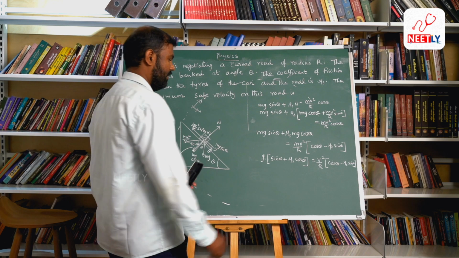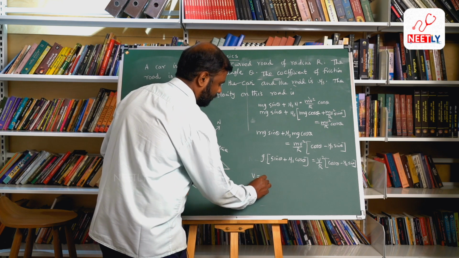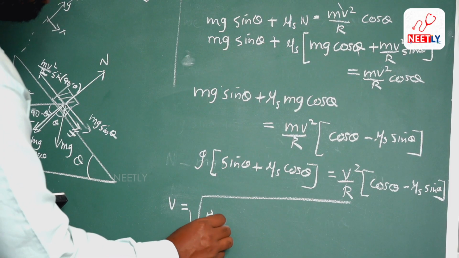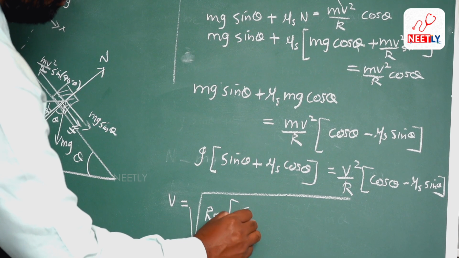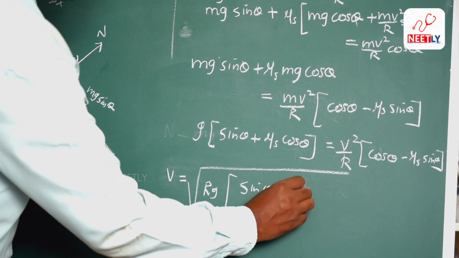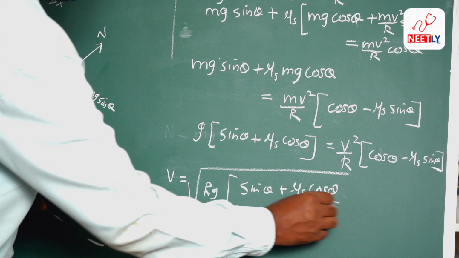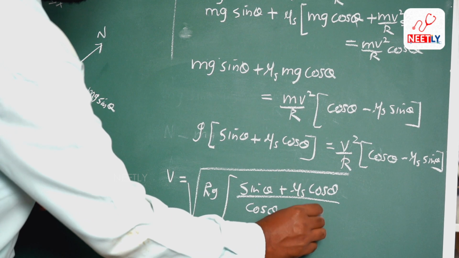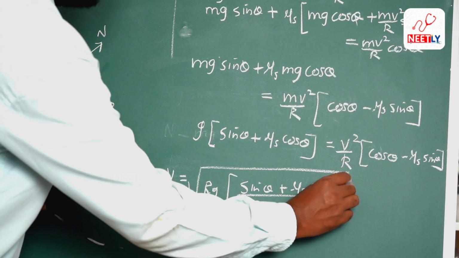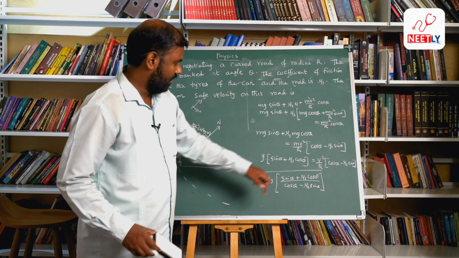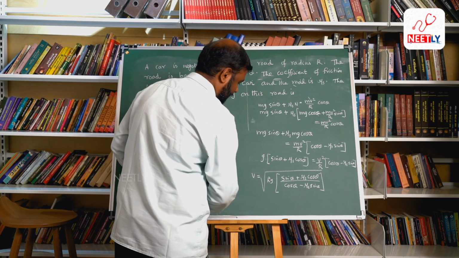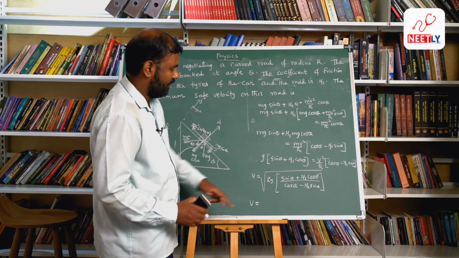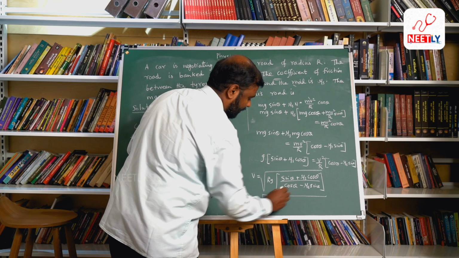I want only the v. So, v is equal to the square root of rg times sin theta plus mu s cos theta divided by cos theta minus mu s sin theta. Taking cos theta common from both, sin theta by cos theta becomes tan theta and the cos theta outside cancels.